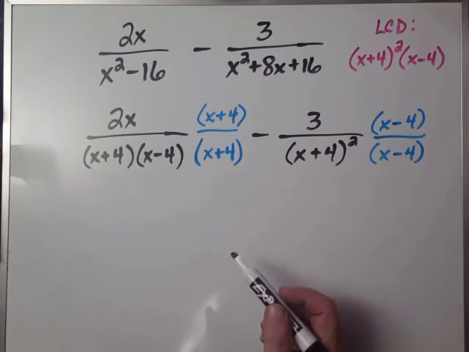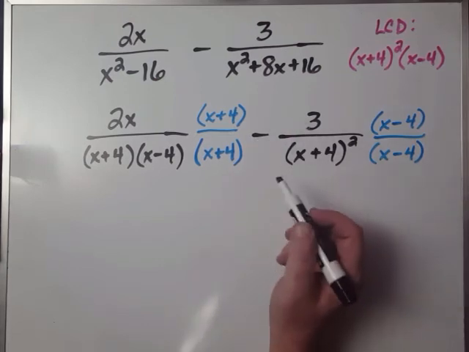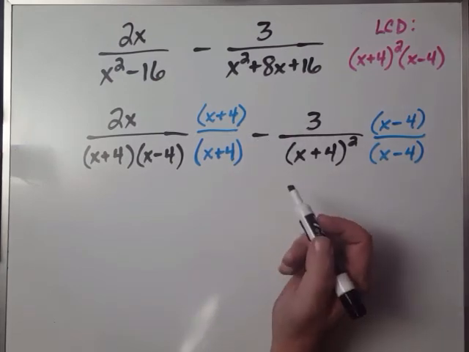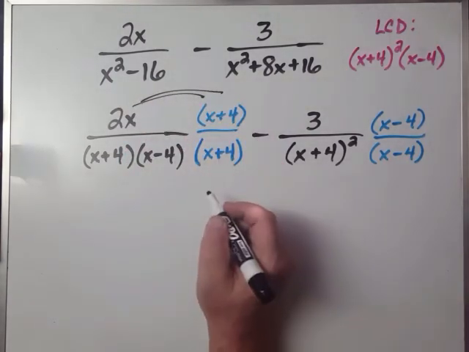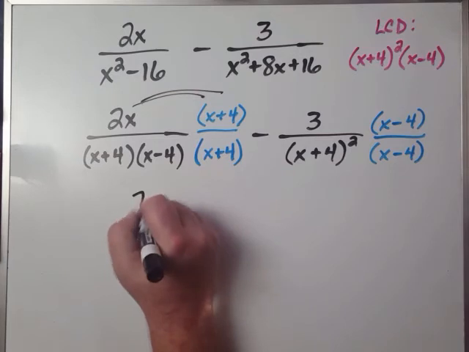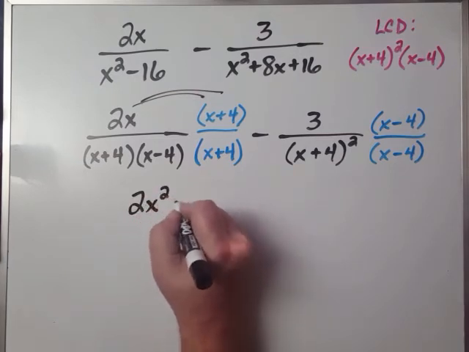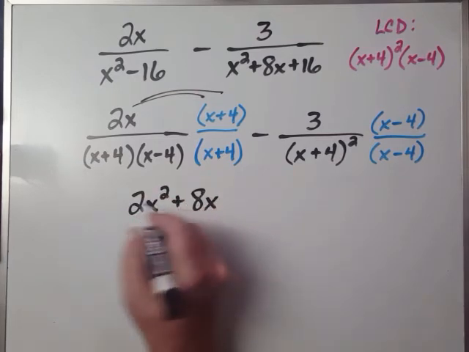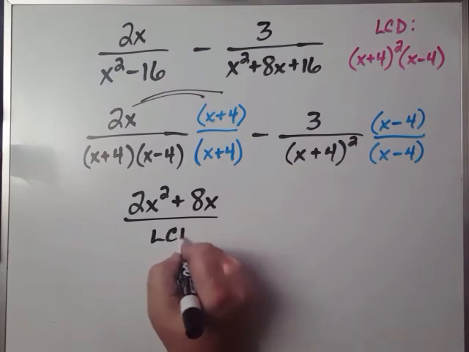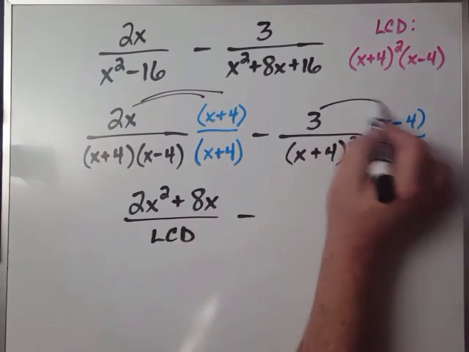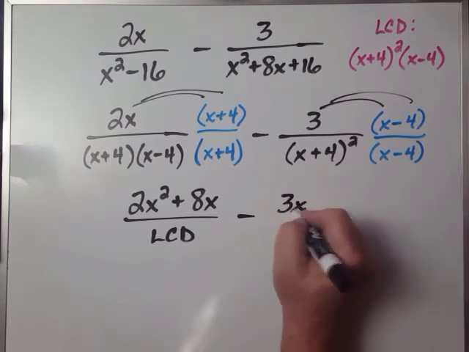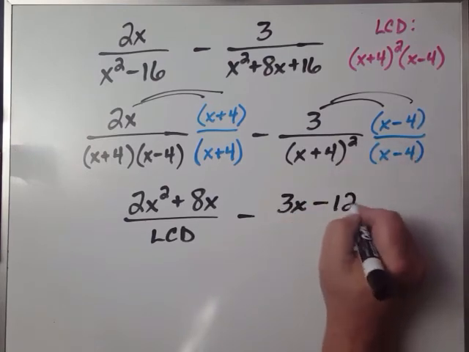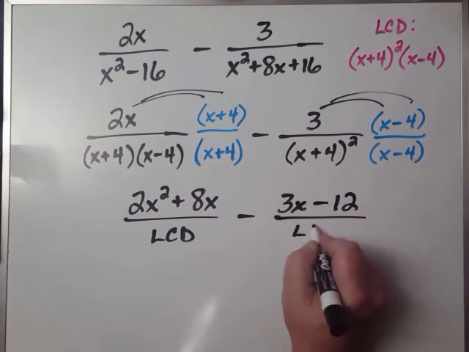To do that, I'll be distributing the negative, combining like terms, so I need both numerators simplified. Distribute this 2x. That will give me 2x squared plus 8x over this common denominator minus, distribute the 3, 3x minus 12 over this common denominator.